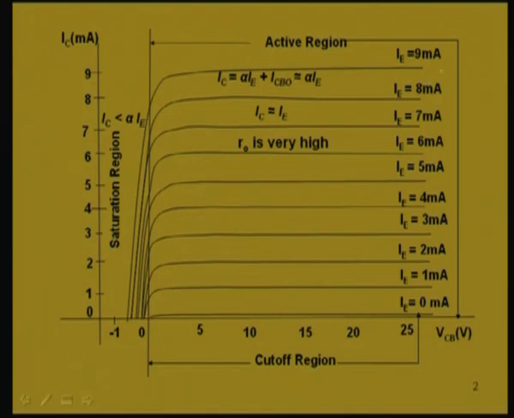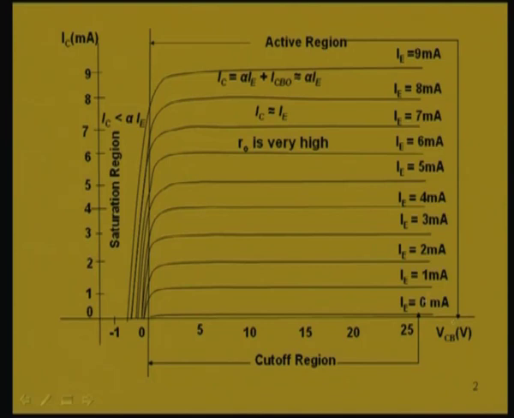Here VCB, the collector to base voltage, which reverse biases the collector base junction, is on the x axis, and the collector current IC for various levels of input current IE is plotted.